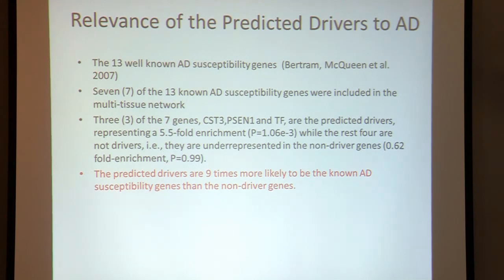In this case, we see those AD GWAS-derived genes enriched in the drivers we inferred. Those drivers are 9 times more likely to be AD susceptibility genes than the non-driver genes. So this is just one step to advance our selection of potential driver genes for Alzheimer's disease.